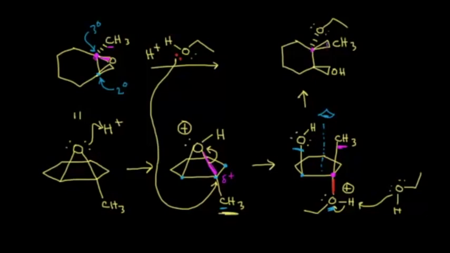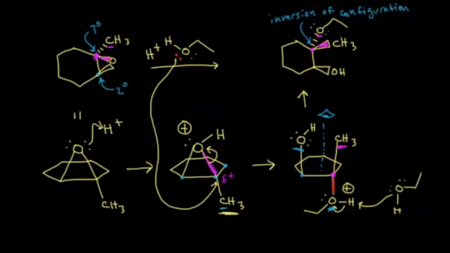Now I have a carbon coming out at me in space and an oxygen going away from me. So that's inversion of configuration. So at that top carbon there, at this carbon right here, I'm going to get inversion of absolute configuration here. So let me go ahead and write that. Inversion of configuration. Okay, so there's some stereochemistry involved.